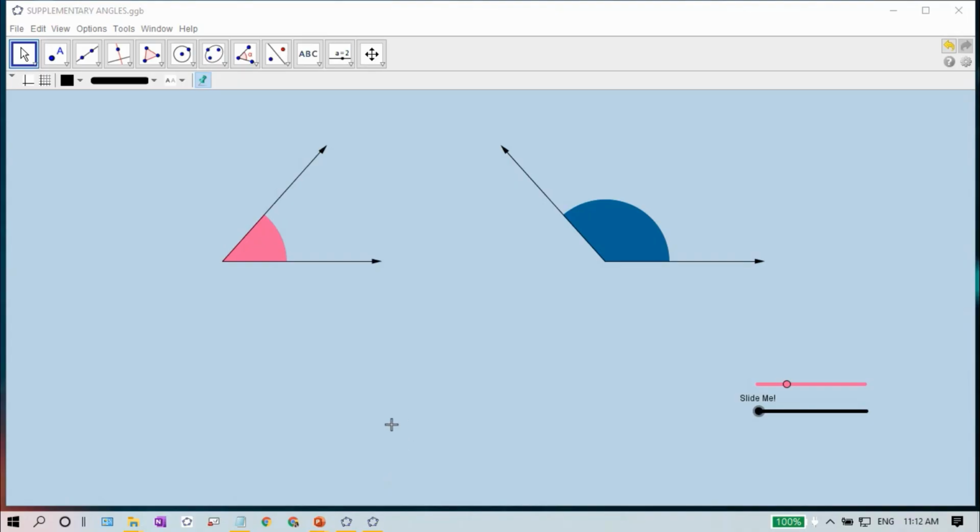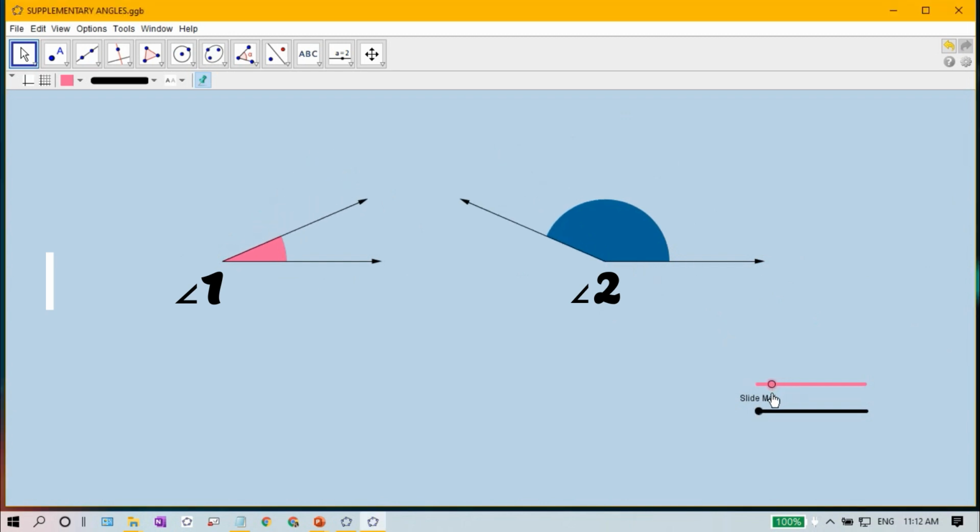Here we go. So I have here angle 1 and angle 2. Let's describe the opening of our angles here. We can say that this angle is an acute angle, and this angle is an obtuse angle. Okay, so let's try to change the opening of these two angles that we have.